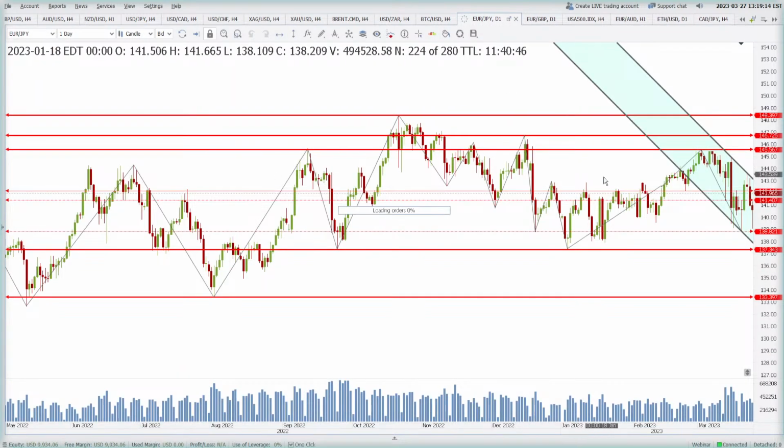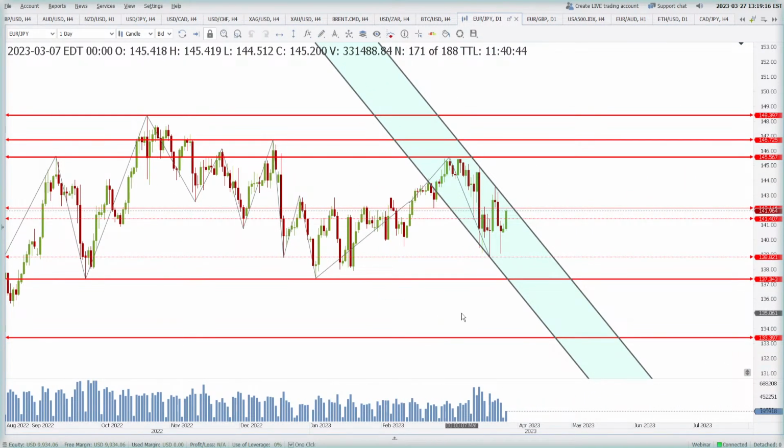What about the EURJPY? EURJPY is again going towards 142.14. 142.14 has been a crucial area, but since we are talking about the price action, we cannot talk about 142.14 time and again. Although after breakout from here, this level was a crucial level from the downside.